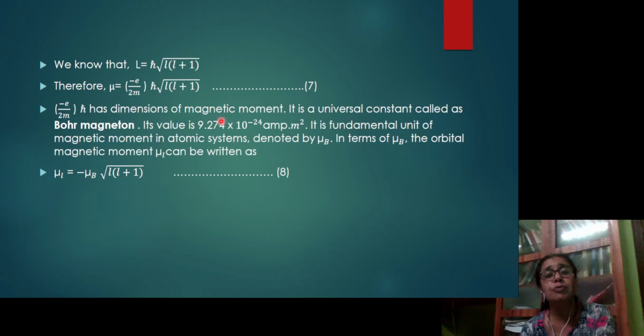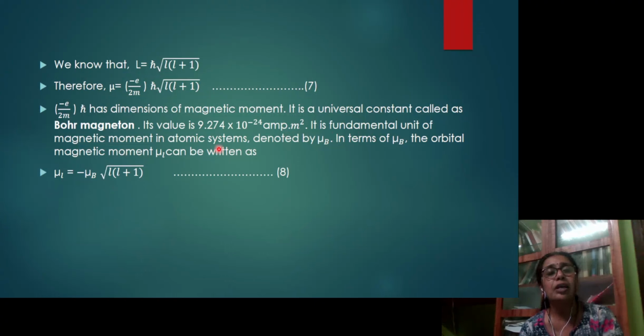So in other words, we can say that the magnetic moment is in units of this particular quantity, which is called the Bohr magneton, and it has a constant value 9.274 into 10 raised to minus 24 ampere meter square. It is a fundamental unit of magnetic moment in atomic systems.